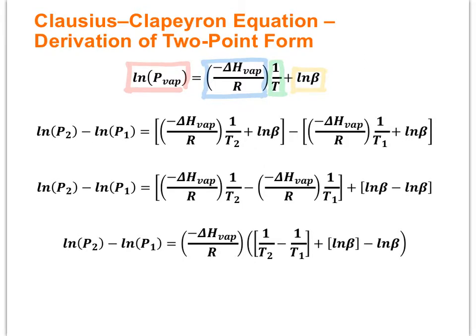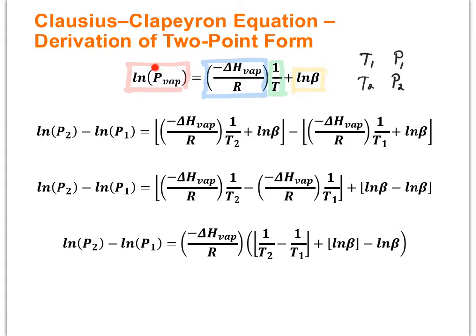We're going to have a temperature 1 and a vapor pressure 1 that goes along with it, and a temperature 2 and a vapor pressure 2 that goes along with it. So we're going to take this equation, and we're going to substitute temperature 1 and pressure 1 into this once, and we're going to substitute temperature 2 and pressure 2 into this.